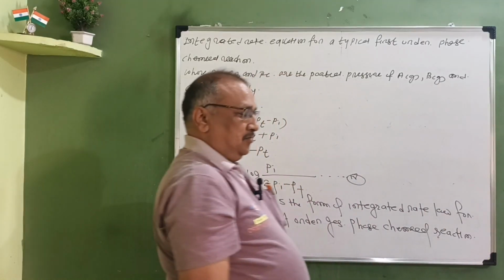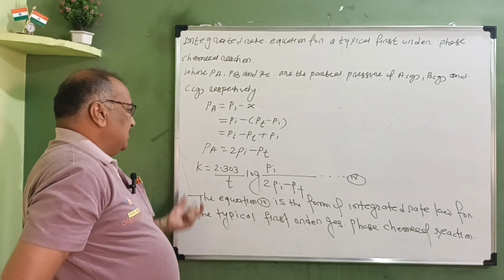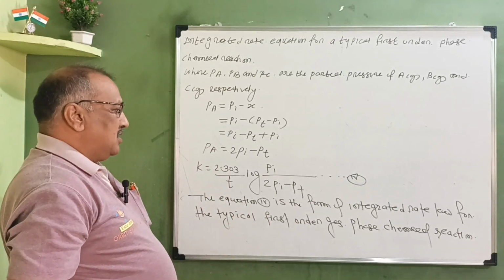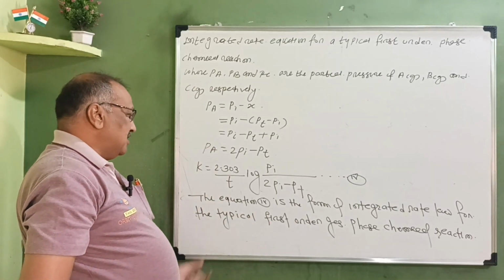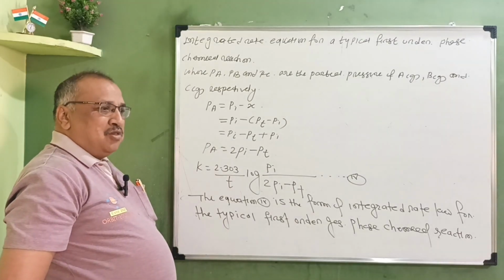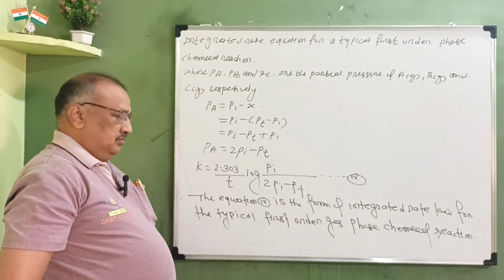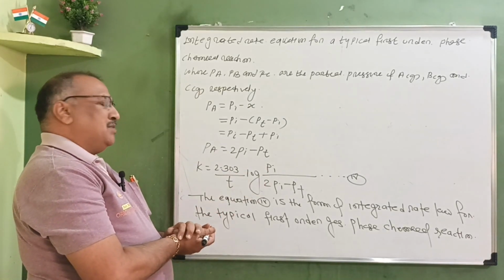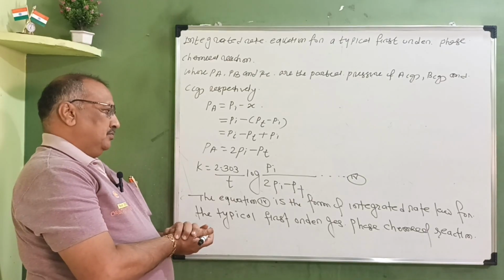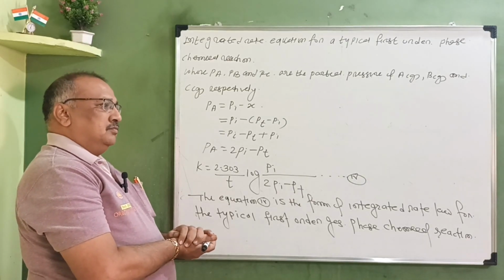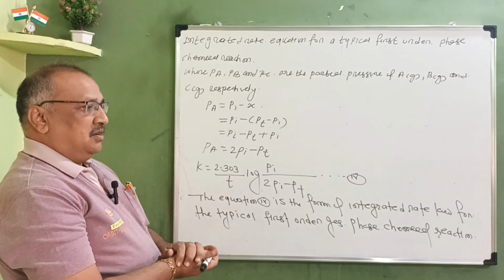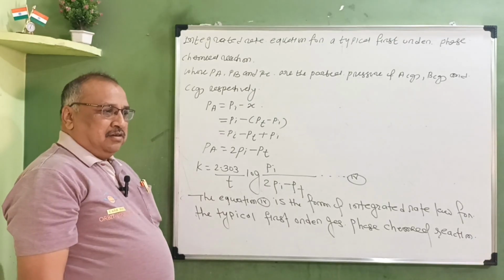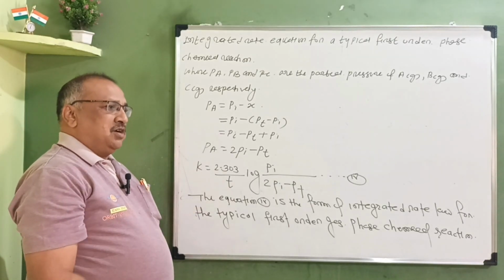Now here keep in mind, here k is the rate constant for first order gas phase chemical reaction, t is the time, Pi is the initial pressure of the reactant, and PT is the total pressure.